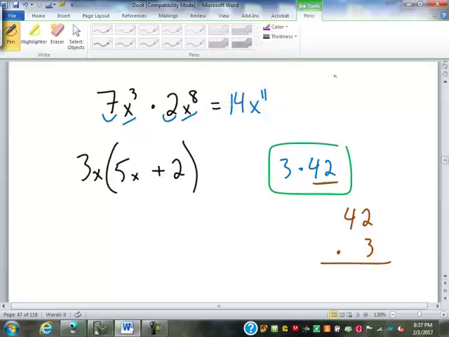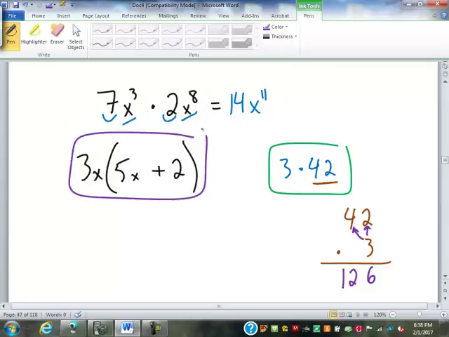And remember, when we multiply, because we don't need the same names, we're not restricted to only combining things with the same place value. Every digit of one number can combine with every digit of the other number. So I can do 3 times 2, which is 6, and then I have to do 3 times 4, which is 12.